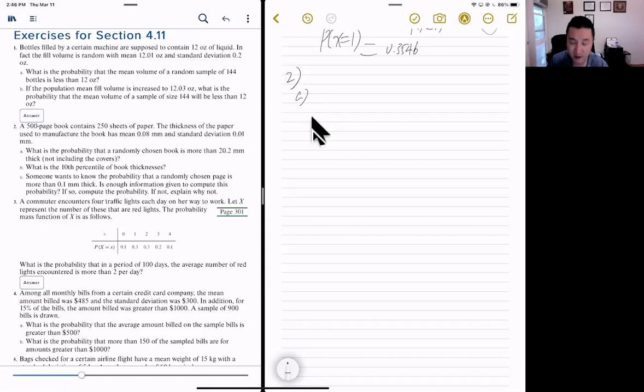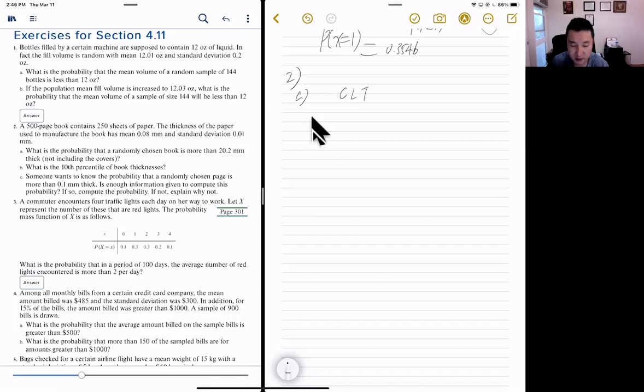From section 4.11, the central limit theorem, or CLT, tells us that under certain conditions we can use the normal distribution to describe a certain experiment.